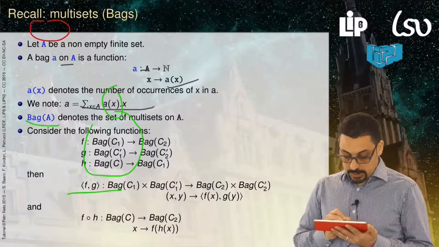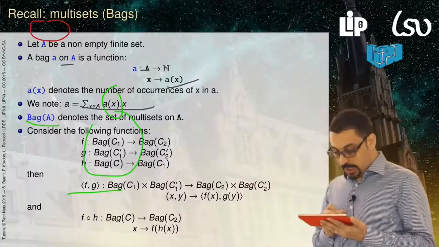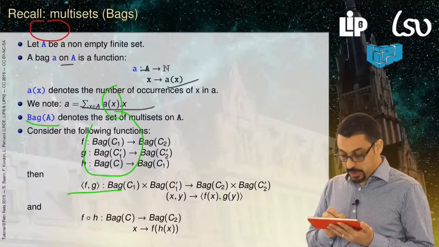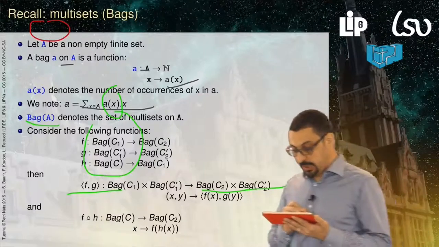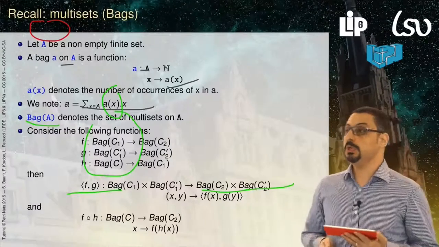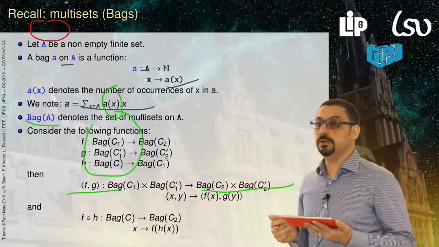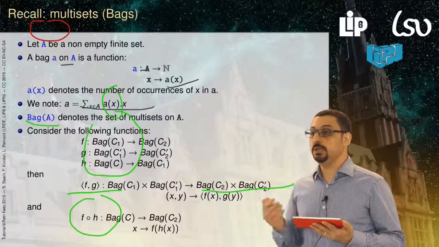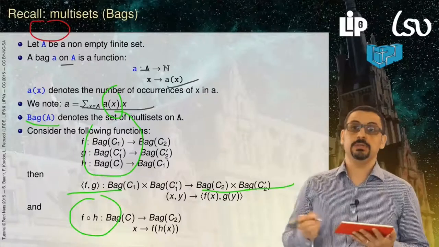For example, the Cartesian product of f and g gives us a new function that operates on Bag(C1) x Bag(C1'), and the codomain is Bag(C2) x Bag(C2'). This is very useful when we treat linear functions on symmetric nets later on. Also, we can compose those functions in a natural way to obtain more complicated functions that operate on bags.